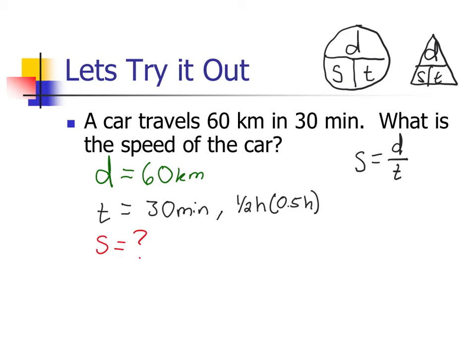We cover up what we're trying to find, and it tells us the equation in what we have. So, if I'm covering up my S, the only things that I can know now are D and T, and it's D over T.